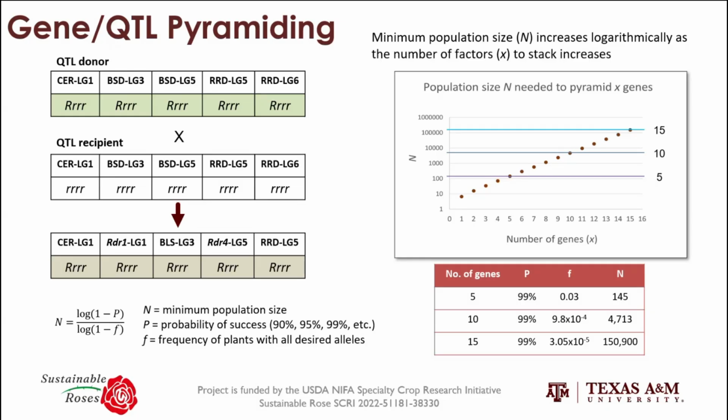If you had 10, you need 4,000 individuals. If you have 15, you need 150,000 individuals. So how many QTL do we have so far? 46, so it's going to be huge. This is a logarithmic scale, and this is only 15 genes that we want to try to pyramid together. So trying to put things together that way is going to be virtually impossible. We just cannot handle population sizes that large.